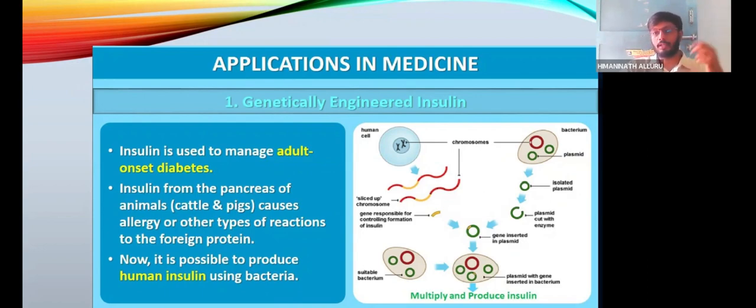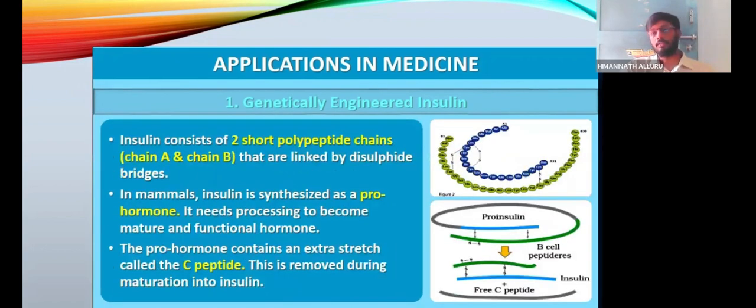Whenever we isolate such a gene and use rDNA technology, what problem were the scientists facing in getting a hormone from the prohormone? Then we need to explain to the children the A chain, B chain, all this. If we need to go a little extra, we can explain the number of nucleotides, everything.